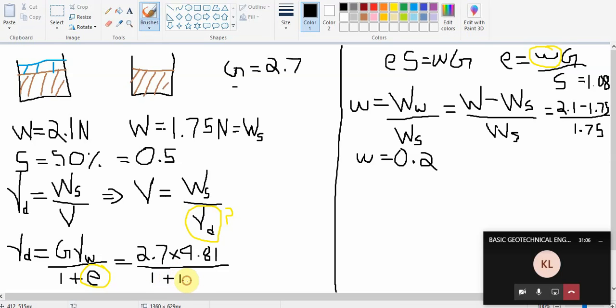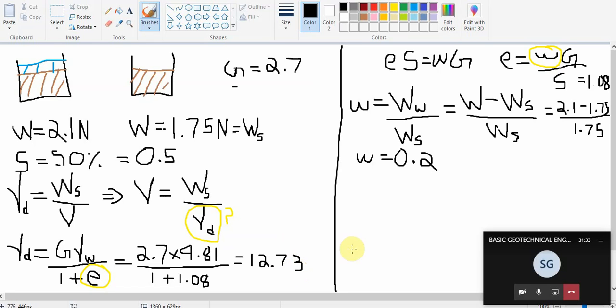So tell me what is the answer. 12.73. What is the unit?